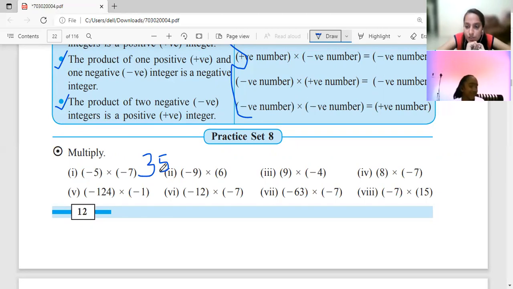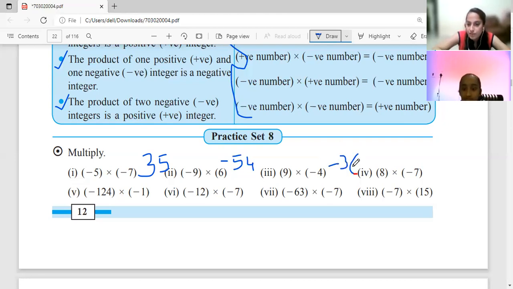The next answer is going to be minus 54. Very smart. Next one. Minus 36. Very good. It is going to be -36.